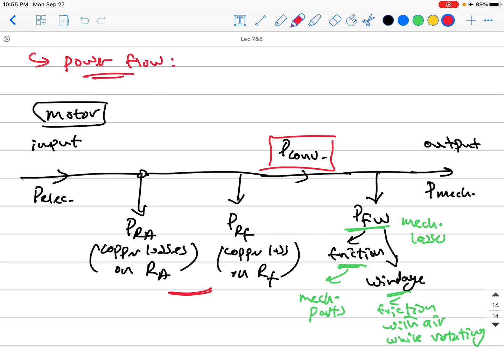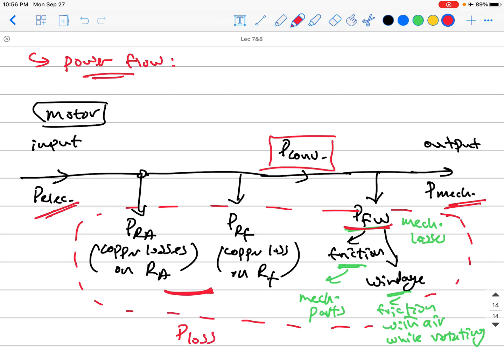So for a motor, you input electric energy and you want it to be converted into mechanical energy, but life is not that easy because it's not an ideal system. You will be losing electric energy here as copper losses in the winding, and you will lose some mechanical energy to friction and windage. Okay, guys? So those together, we call the P loss, the power losses.